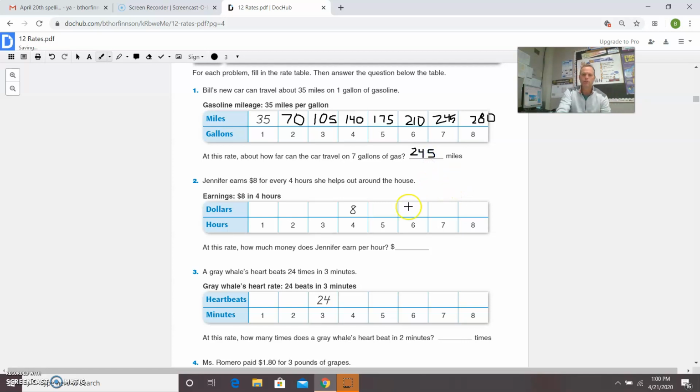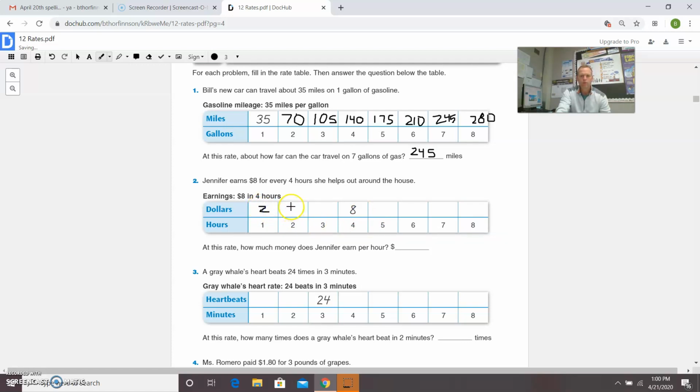Now, sometimes they'll give you a number like this one, where she earns $8 for every 4 hours that she helps out around the house. At what rate, what would that be per hour? Well, in 4 hours, she makes 8. We would have to divide that. 4 hours, $8, 8 divided by 4 is 2.